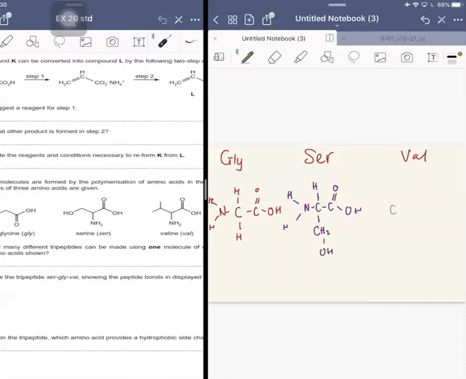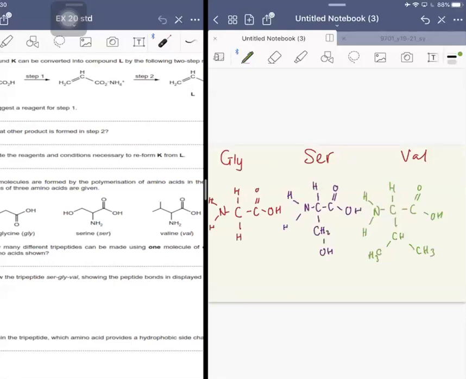I have my carbon, acid group, amine group, hydrogen on top, and valine's side chain is CH, CH3, CH3. The R group is the CH3 times 2.